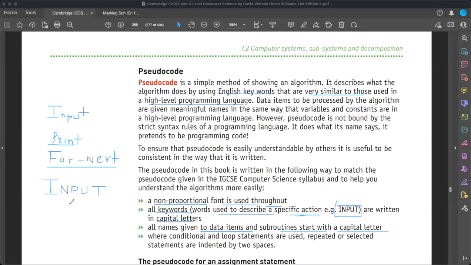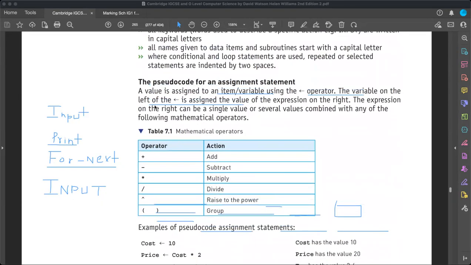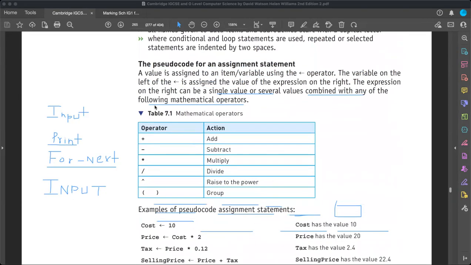If you declare a variable or a subroutine, the first letter should be a capital. There are also assignment and mathematical operators you can see here: plus, minus, multiply, divide, raise to the power, and grouping.